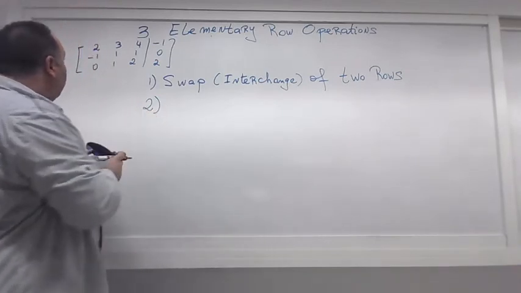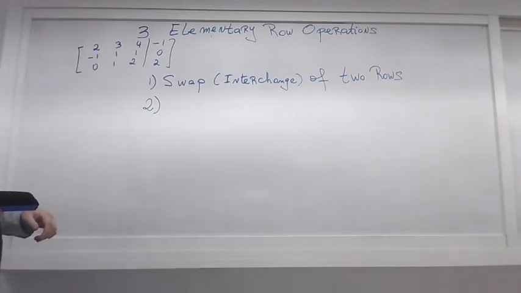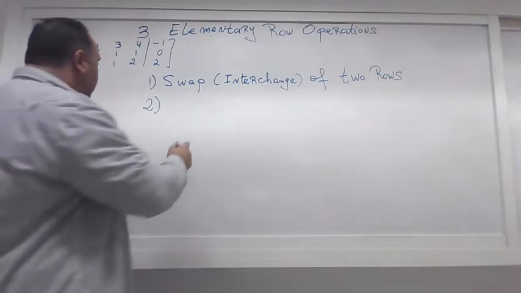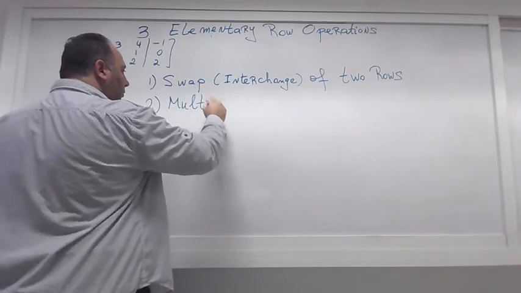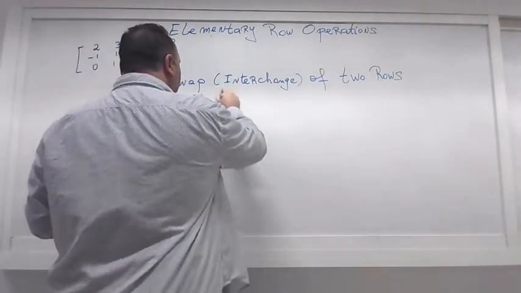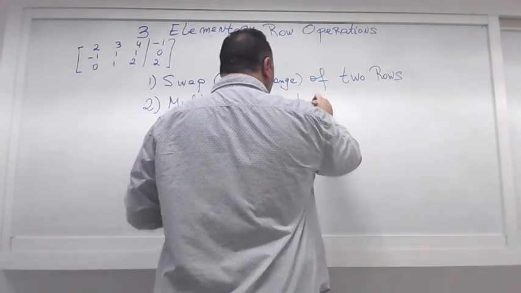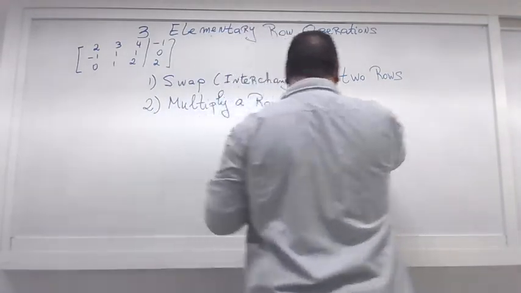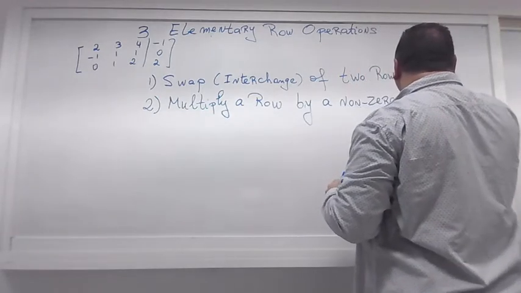I can multiply one of the rows, whichever I choose, by any number different from 0, and that will not change the solution set. That's beautiful. So multiply a row by a non-zero constant.